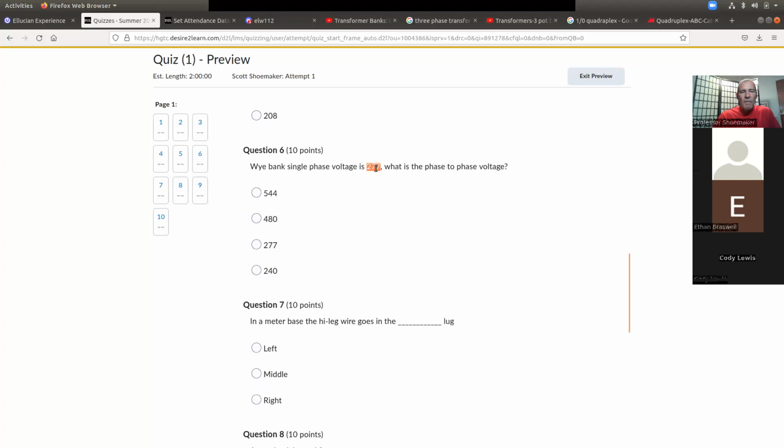What is the phase to phase voltage? 277 times 1.732 is 480. In a meter base, the high leg wire goes in the far left, middle, or right lug? Right.